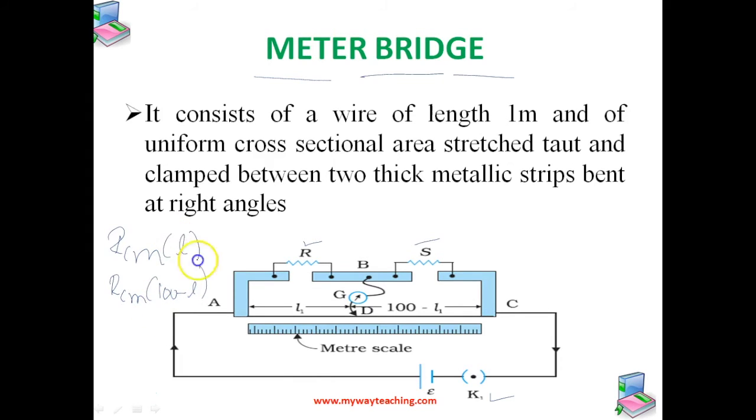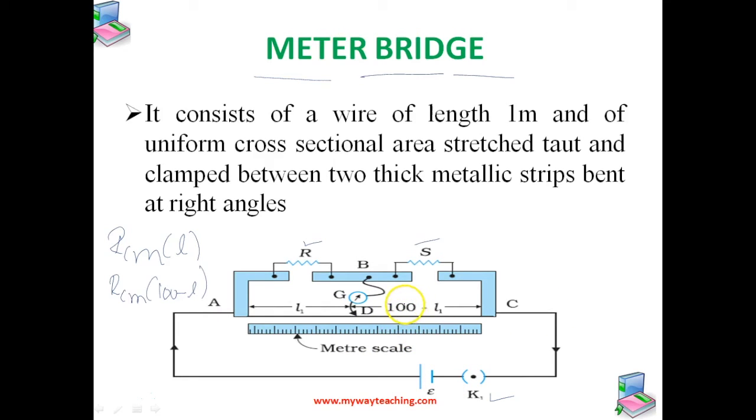The four arms AB, BC, DA and CD have resistances R, S, R_cm L and R_cm (100 minus L). Obviously, it forms a bridge with AC as the battery arm and BD as the galvanometer arm.